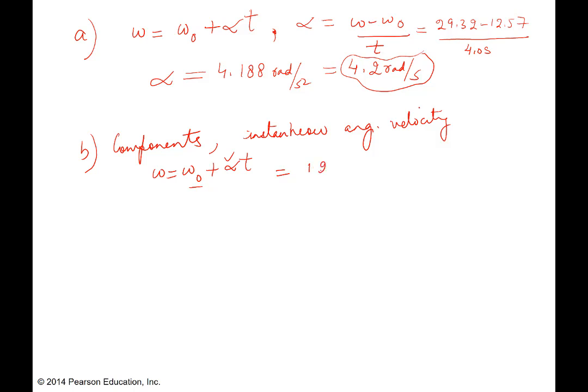We have 12.57 radians per second plus, for alpha you can put 4.188 radians per second squared. I would suggest using this value because that will give you a better answer, multiplied by time as 2.0 seconds.